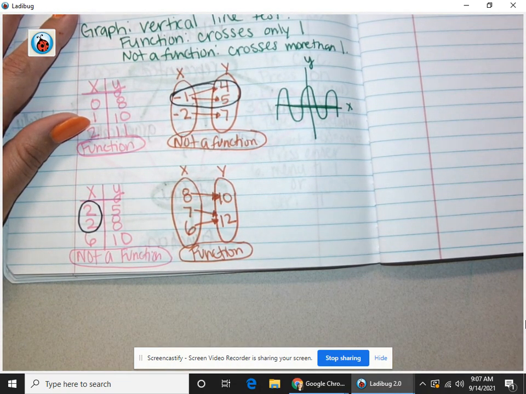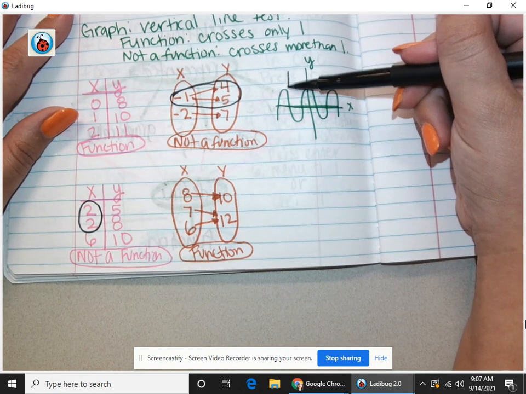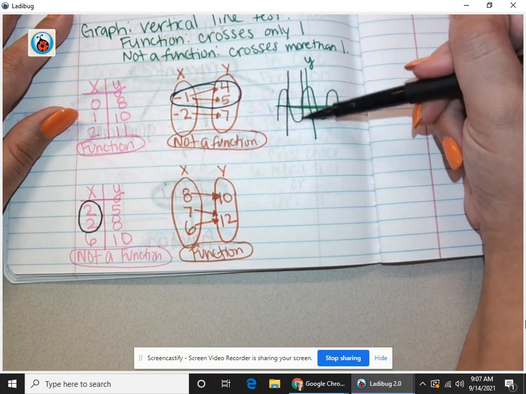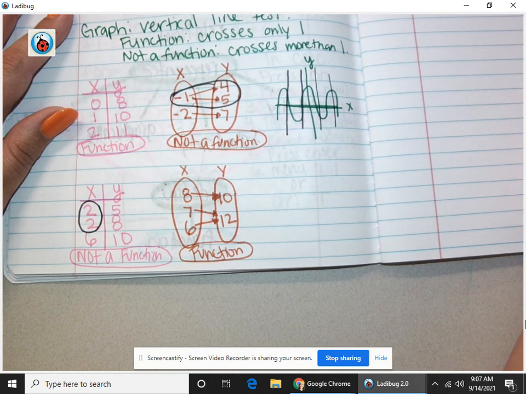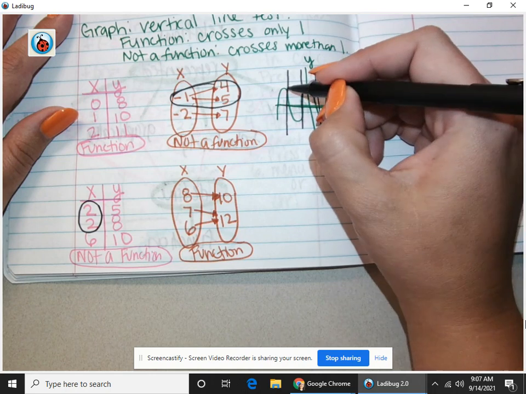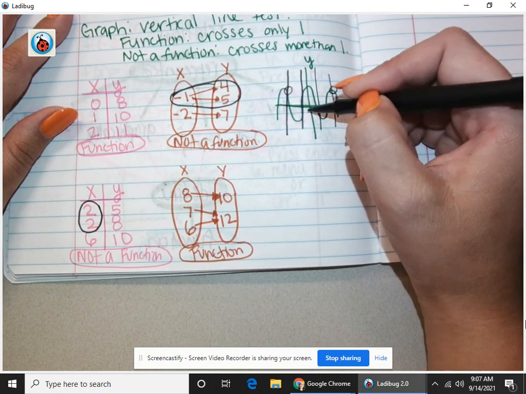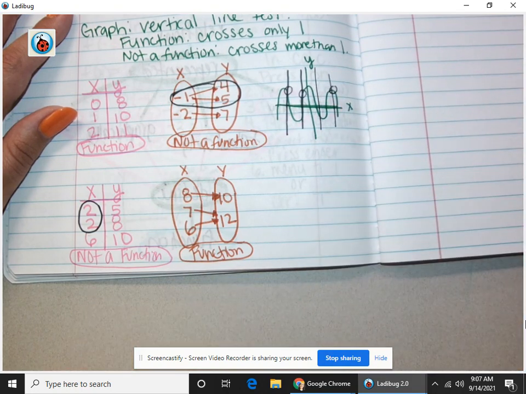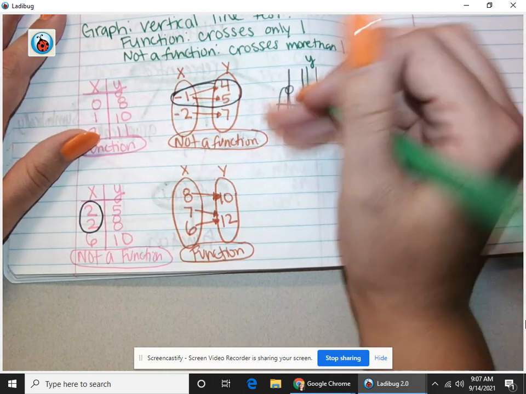So I'm going to take that pen and draw a line. And at any point where I draw a line, it should only go through it how many times? Once. It goes through it once, goes through it once. I know this looks like it goes through it more times, but it only goes through it once, because they're just right next to each other. So, is this a function or not a function? Function.